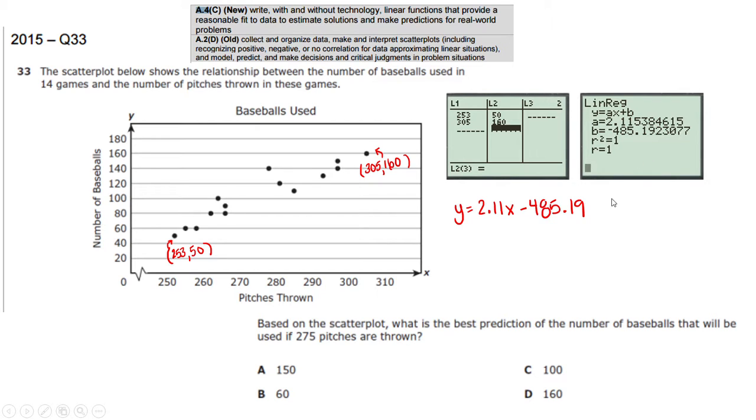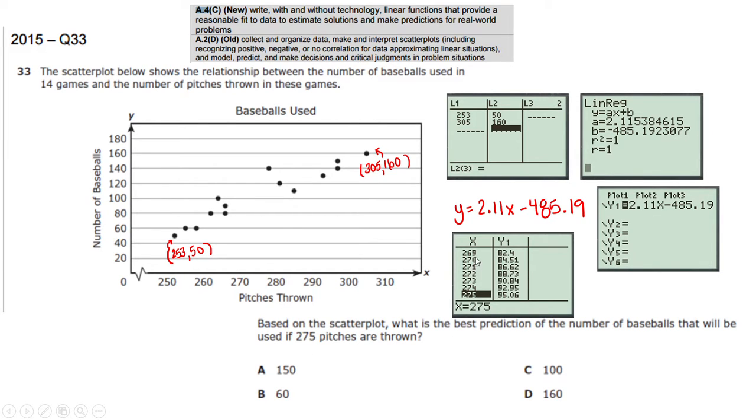So if I round my equation, it's going to be y equals 2.11x minus 485, 1900. Sorry, it's a habit of mine to say 0.11 instead of 1100s. But if I type that into y equals, I have this. And then if I look for 275, this is the bad thing about using a calculator: you have to scroll all the way down to 275.